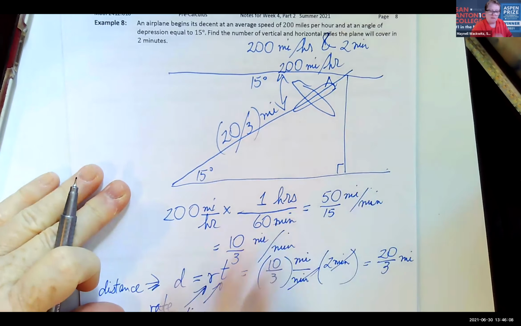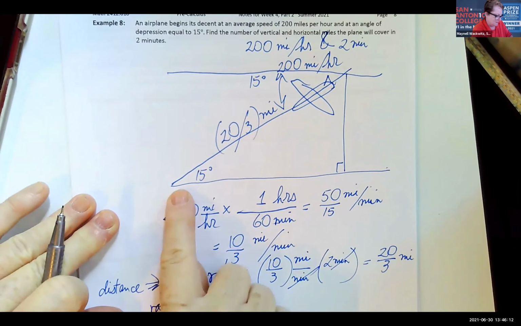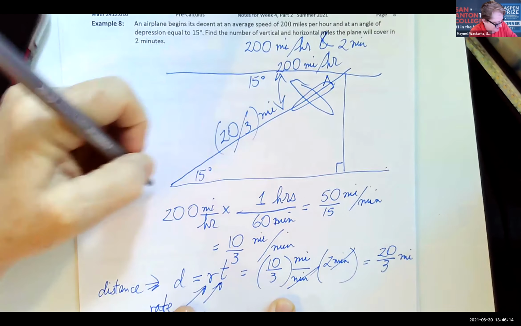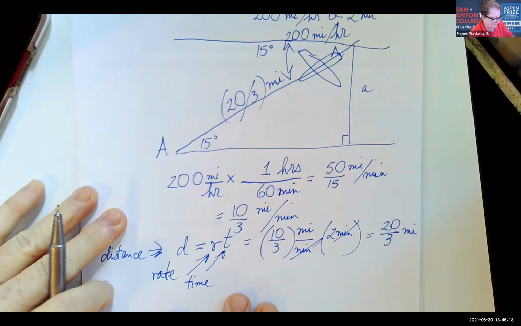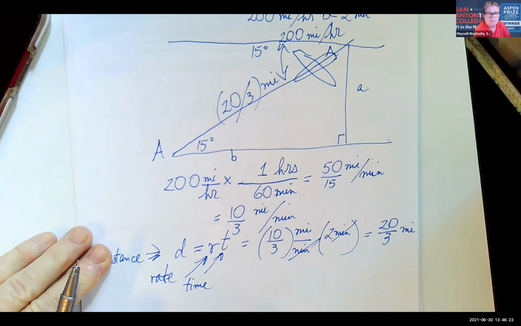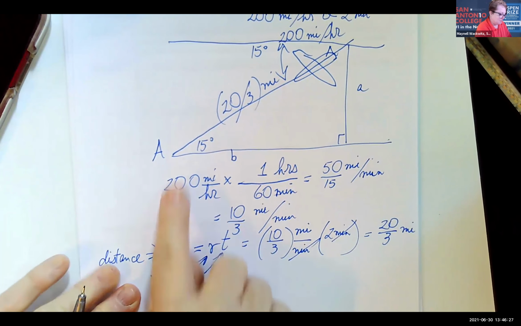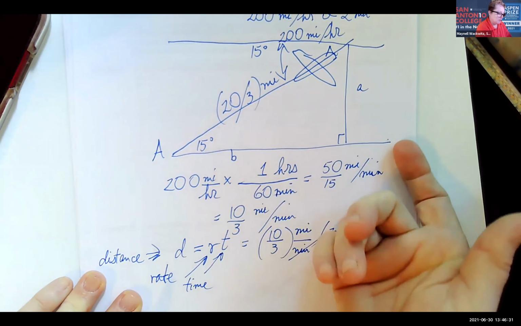And we don't really care about the upper angle this time. Let's call this angle A so that the opposite is little a, and let's call the base little b. How can we use the fact that we know the angle and we know the hypotenuse to find both a and b?